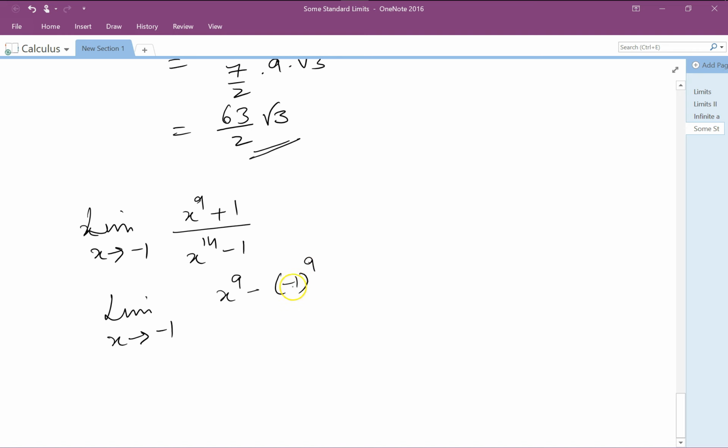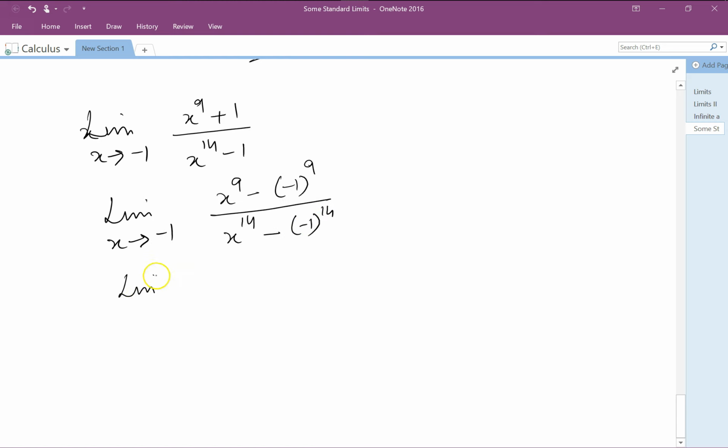It still remains minus, divided by x to the power of 14 minus, remember this should still be negative, so minus 1 to the power of 14. Now because it is an even number, it will become plus. So limit as x approaches minus 1.